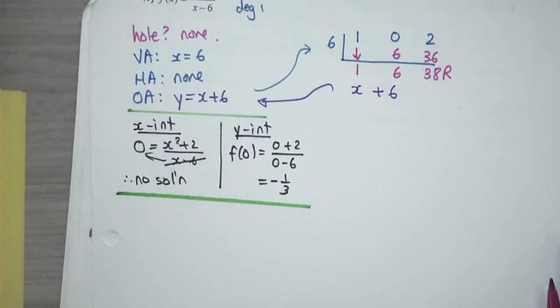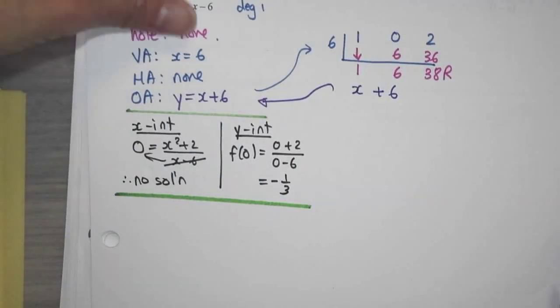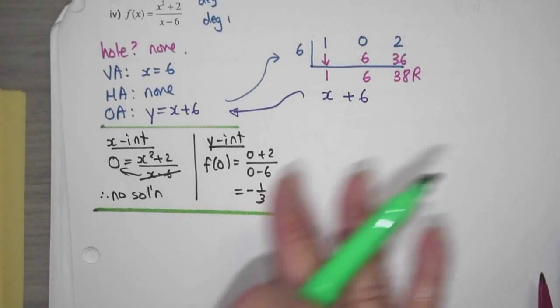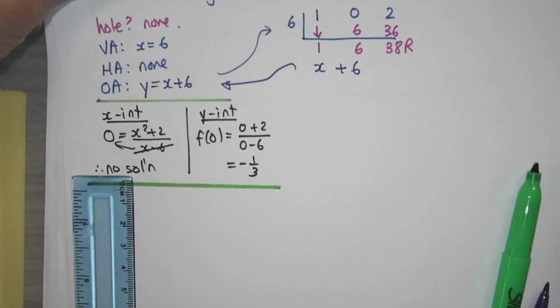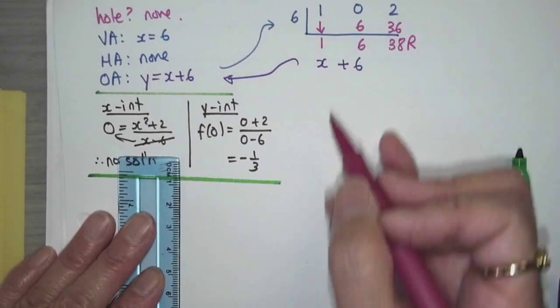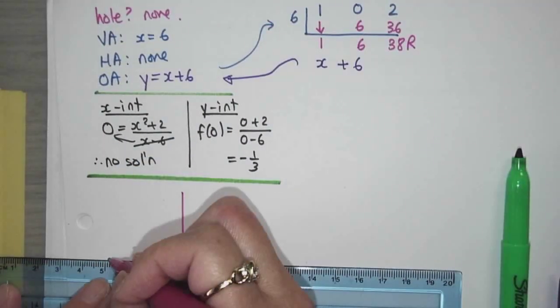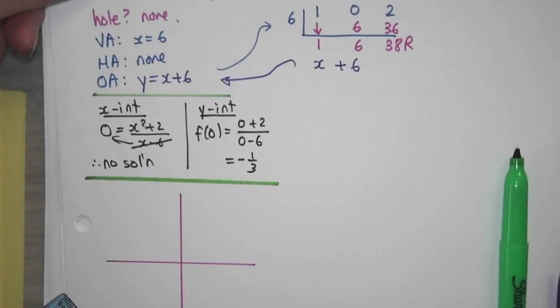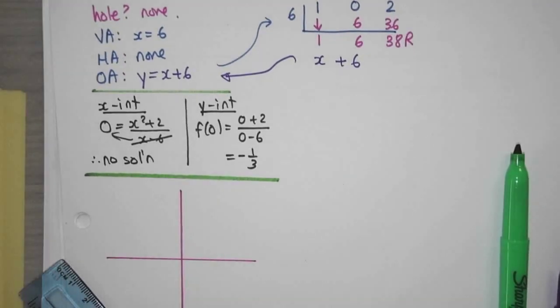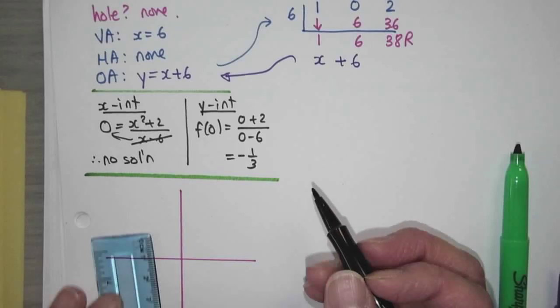I'll do it from the graph. What else do I need? Positive, negative, and then the asymptotes. So let me graph it. I'm going to do a rough sketch here, and then I'll do the approach check over here. When you graph this, my vertical asymptote is at 6.